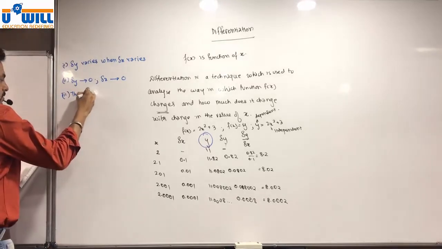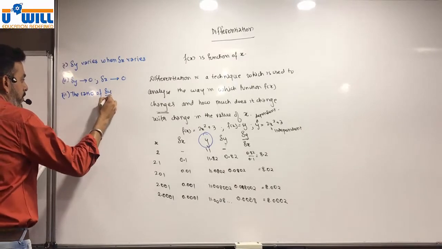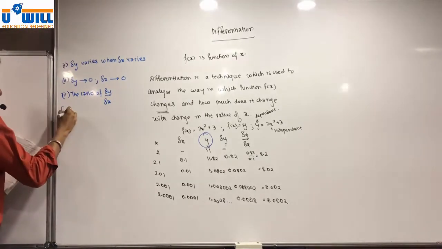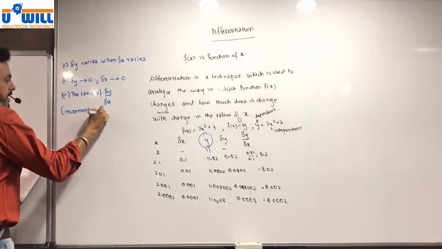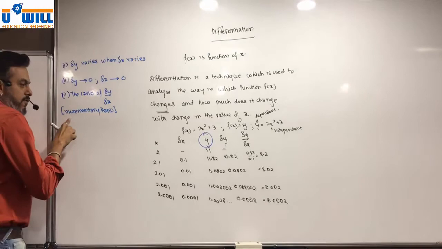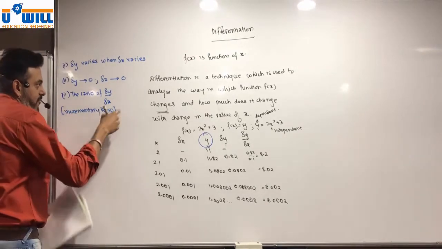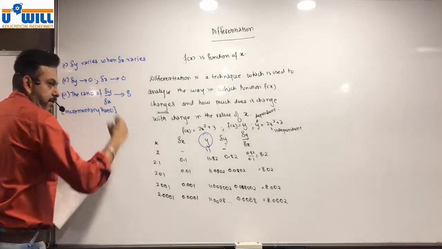Then third, the ratio of delta y upon delta x, also known as incrementary ratio. It can come as an objective question, also known as incrementary ratio. It approaches 8.